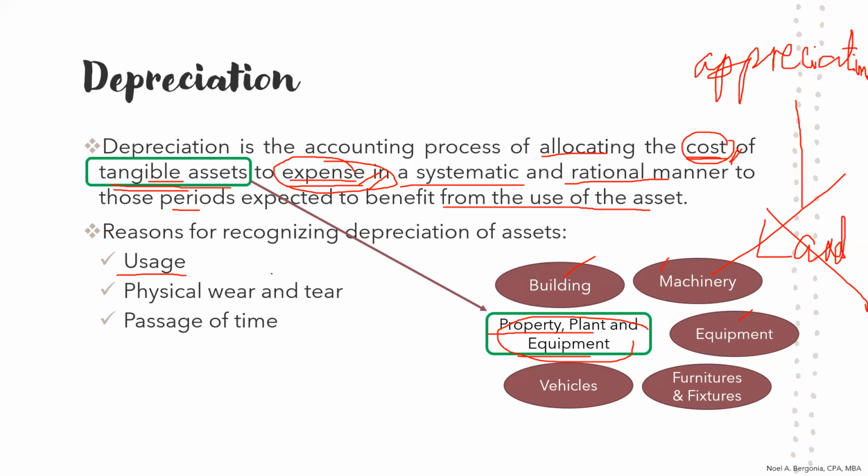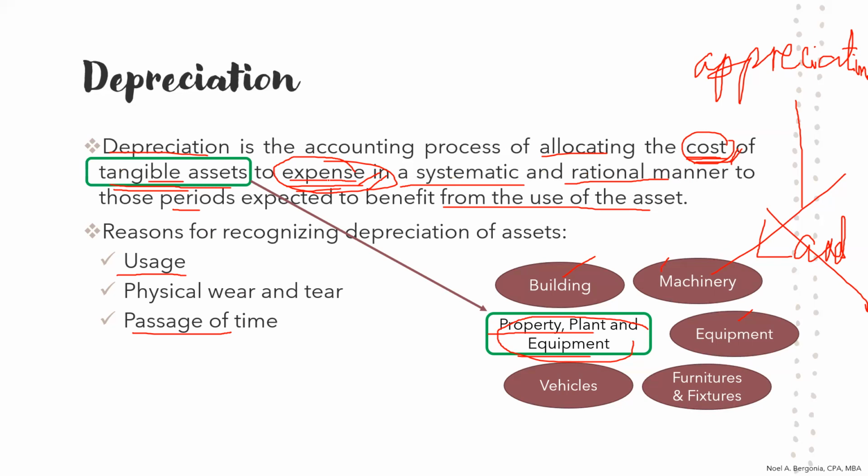And also, as time goes by, naluluma yung tangible assets, then we also need to recognize an expense related to that. So those are just some of the reasons why we need to recognize depreciation, which is the allocation of our costs to expense in a systematic and rational manner because we are benefiting from the use of this asset.